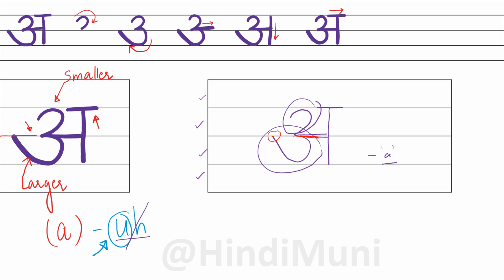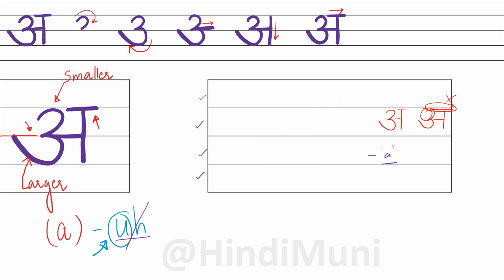This line has to be straight, and this line does not come over the circular part. So it has to be like this. If this horizontal line is coming over the circular part, it becomes wrong. You can see the sequence once more, and I'll write it once more for you. Just give me a moment.